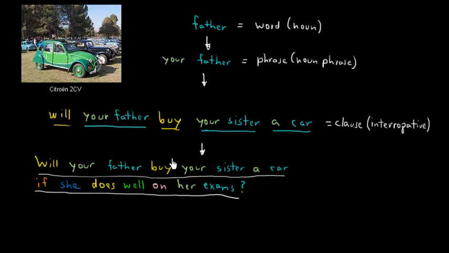Okay, so we have two clauses, and we have one clause that can stand alone, and we have one clause that can't. So this is called an independent clause. It can form a sentence all by itself, but "if she does well on her exams" is not a complete thought. We need some more information, specifically something like the question up here, or a statement. Your father will buy your sister a car if she does well on her exams.